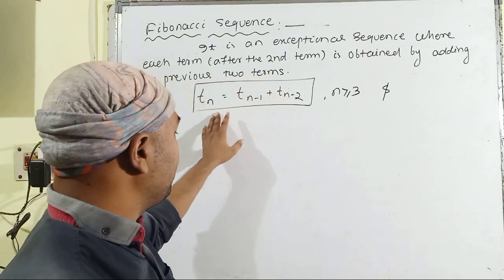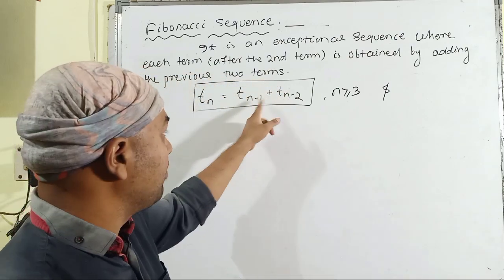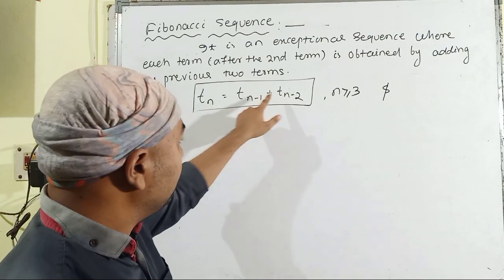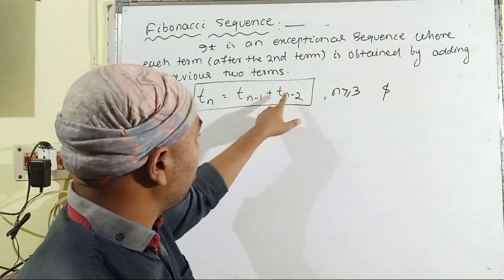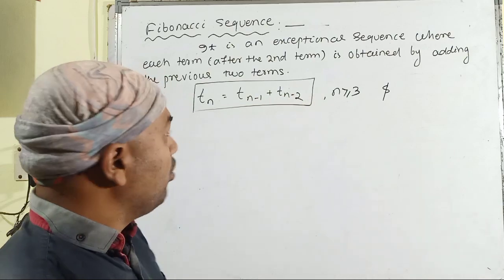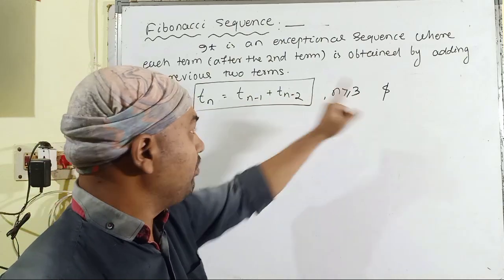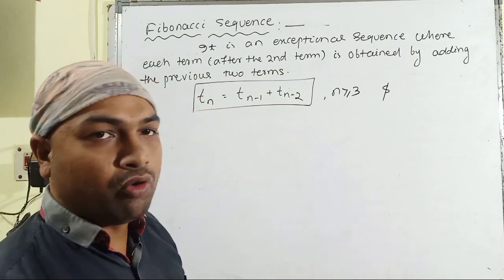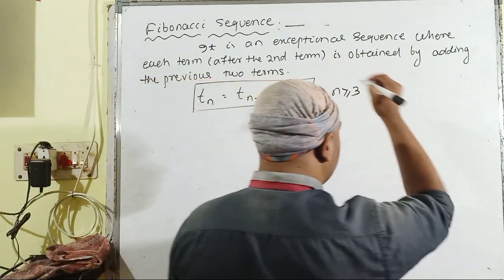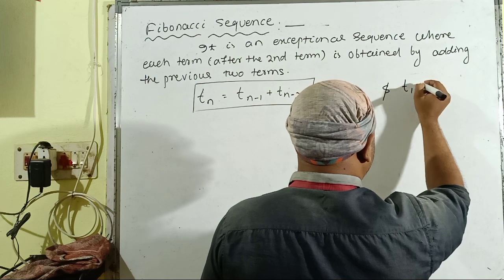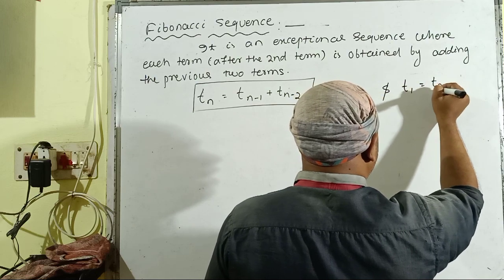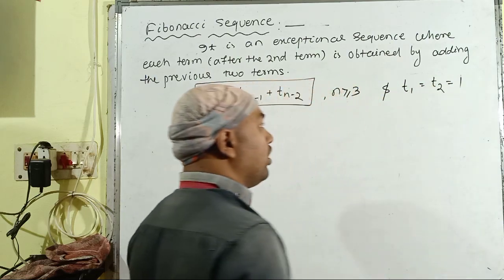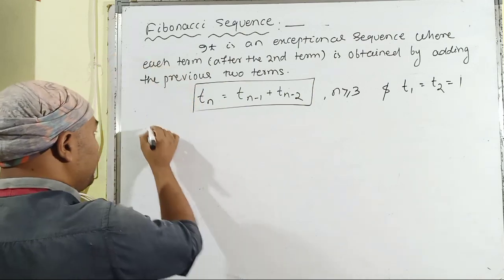Generally, we write the formula as Tn = Tn-1 + Tn-2, where n is greater than or equal to 3, because the first two terms are fixed. Here T1 and T2 are both equal to 1.